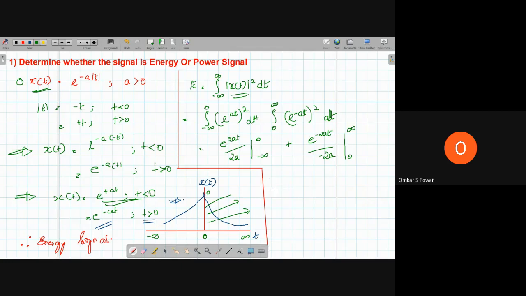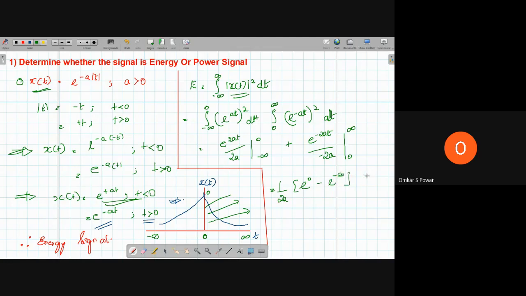If we solve this, 1 by 2a into e power 2a times t equal to 0, minus e power minus infinity.